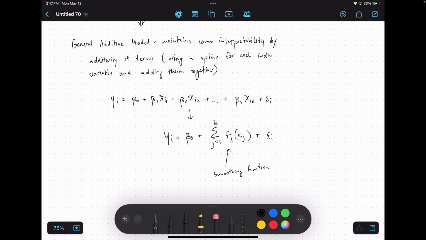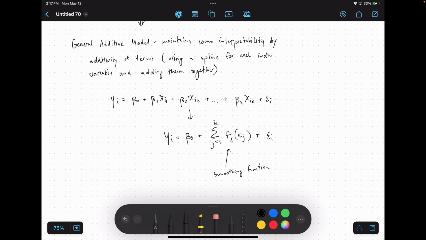This is the concept of the additive model, where instead of thinking about transformations of combinations of variables, I'm doing transformations of individual variables and then adding them up. Okay.